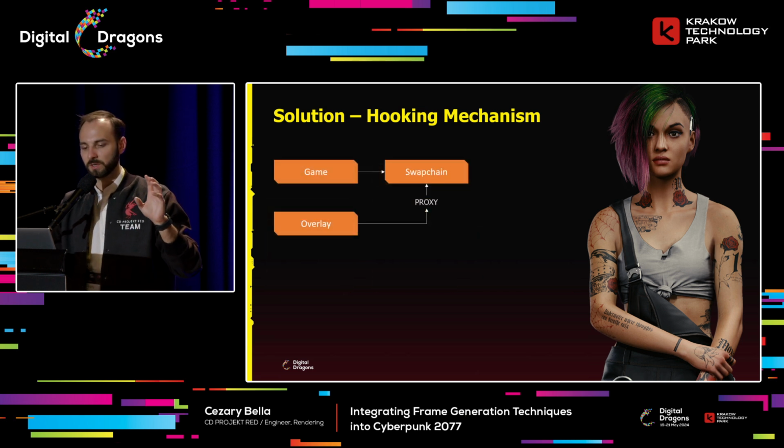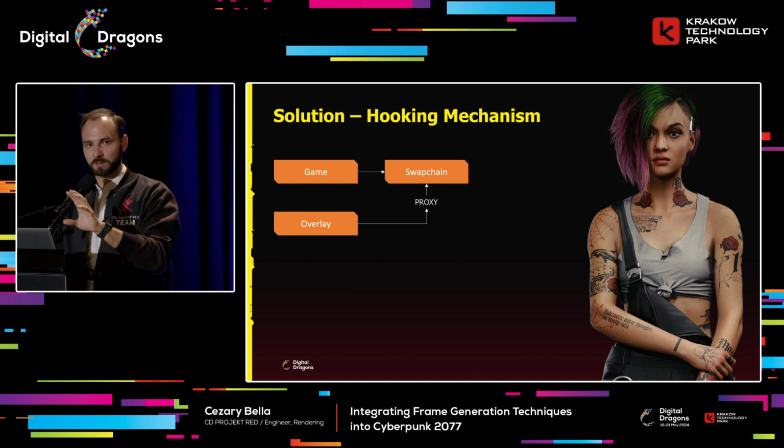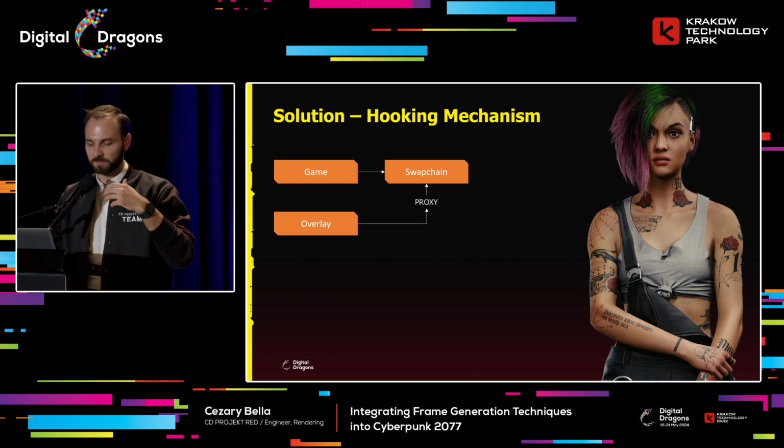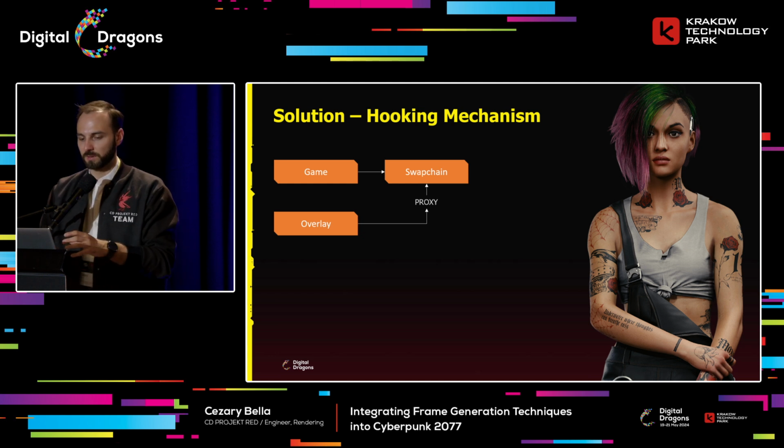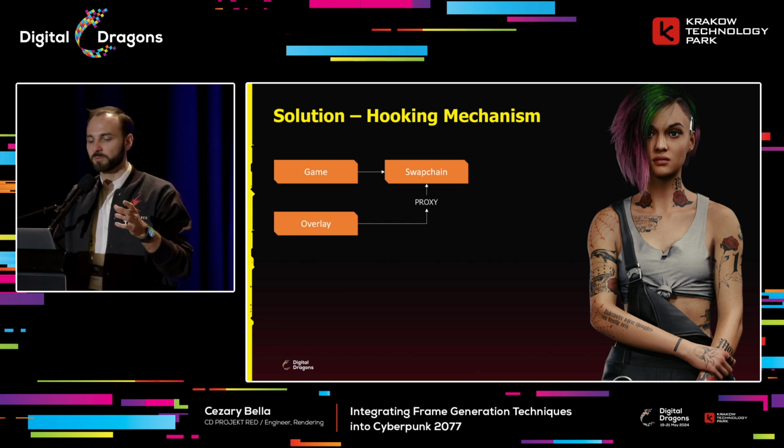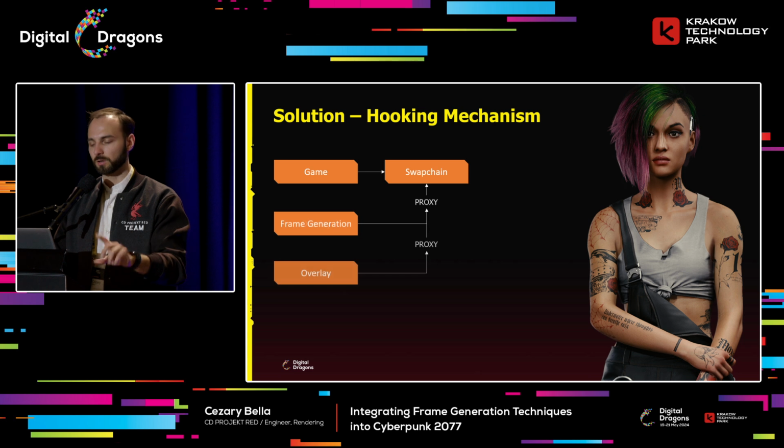But back to the topic. We do have our overlay, right? And we do have our game with its swap chain, and without frame generation, we got our swap chain and our overlay. It was creating a proxy for our swap chain and then using that to draw the UI if needed, if the user toggled it.